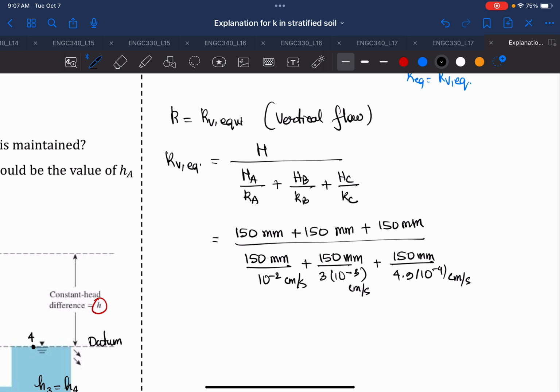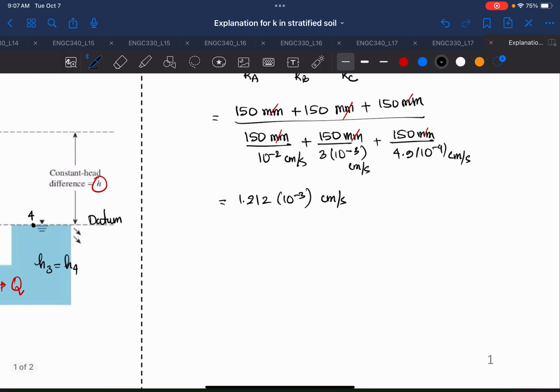You can see that the millimeter units will cancel out, so your final value will be in centimeter per second. The final value that you get from here is 1.212 times 10 to the power minus 3 centimeter per second.